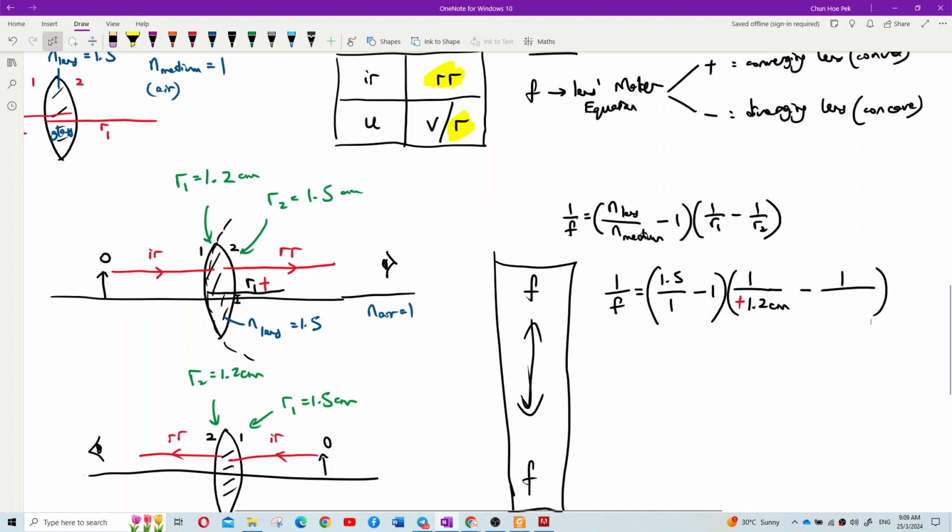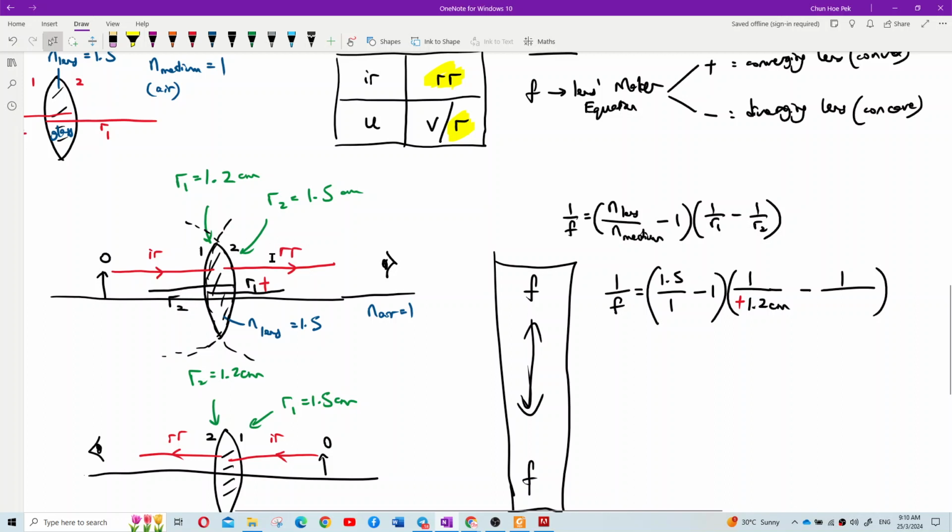Radius 2. Look at radius 2, this radius. So surface 2 has radius 2. Now let's draw the radius. This is radius 2, isn't it? Because the sphere is at the left hand side. Now compare radius 2 with your reflected ray. Is it on the same side, class?